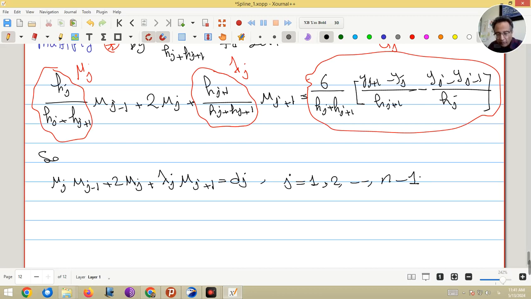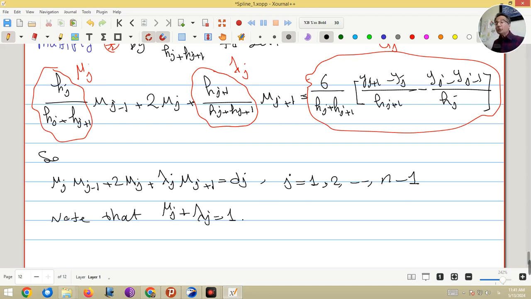Note that mu_j plus lambda_j equals this one plus this one, which will be 1.